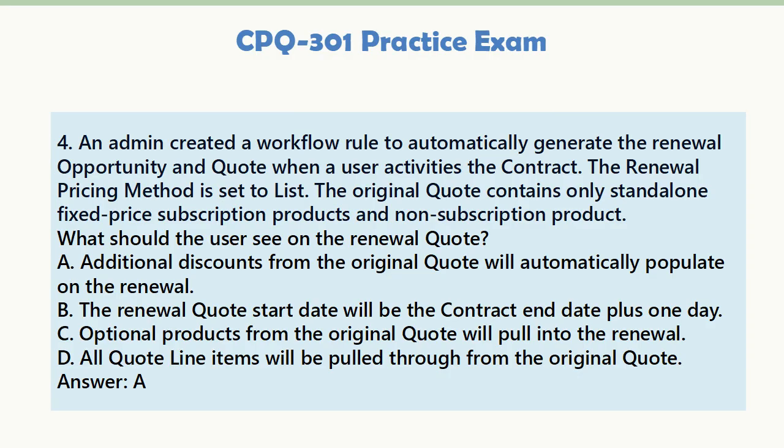A. Additional discounts from the original quote will automatically populate on the renewal. B. The renewal quote start date will be the contract end date plus 1 day. C. Optional products from the original quote will pull into the renewal. D. All quote line items will be pulled through from the original quote. Answer: A.